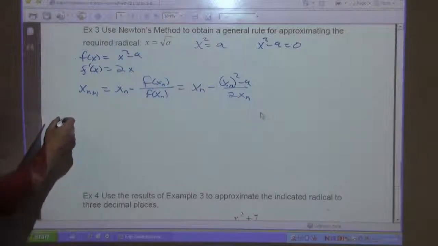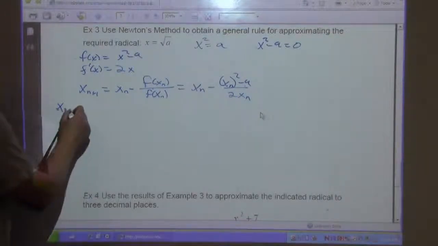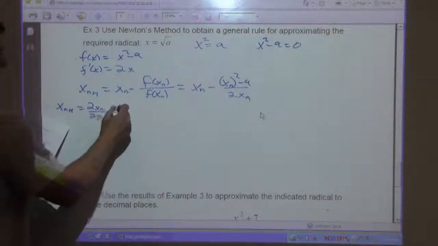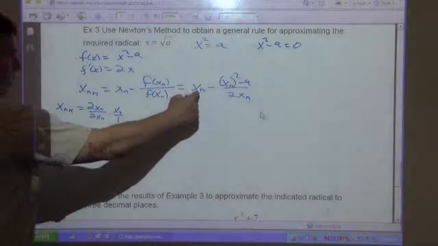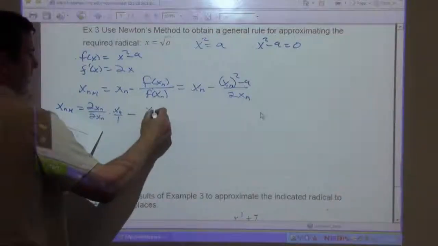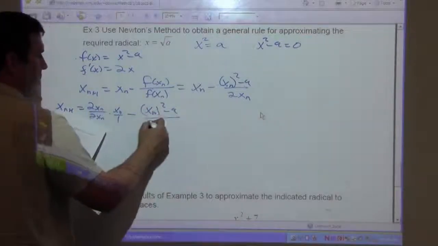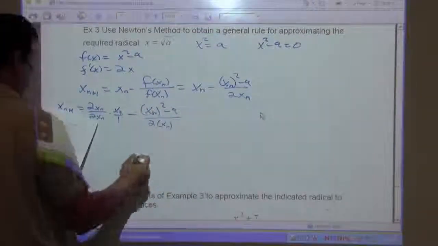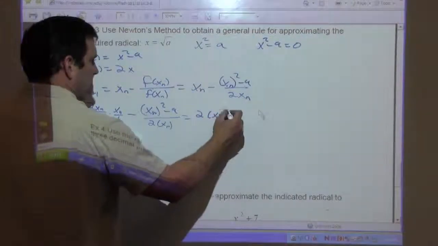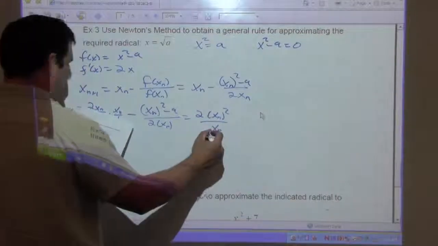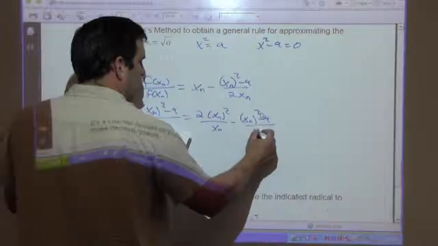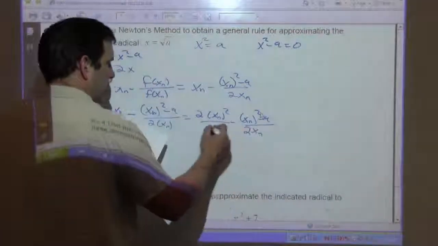Okay, so if I say x sub n plus 1 equals 2x sub n over 2x sub n times x sub n over 1, I'm trying to get a common denominator, minus x sub n squared minus a over 2 times x sub n. I'd have 2 times x sub n squared over 2x sub n minus x sub n squared minus a over 2x sub n. Forgot those 2's.